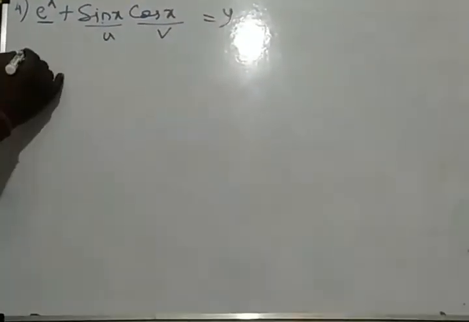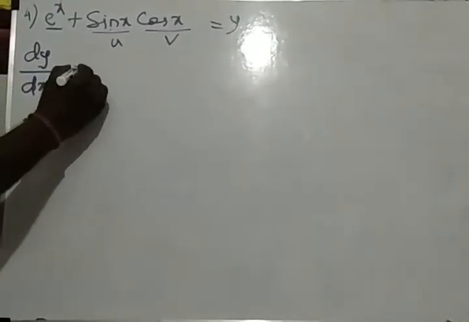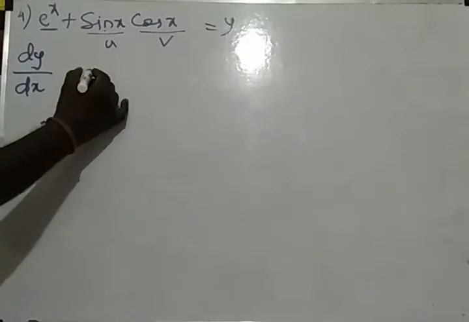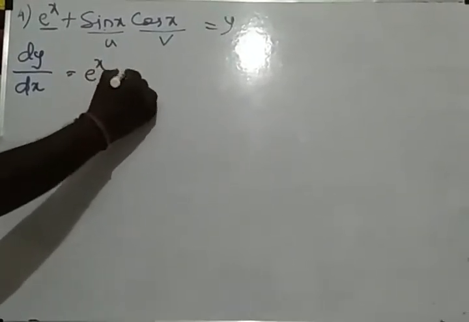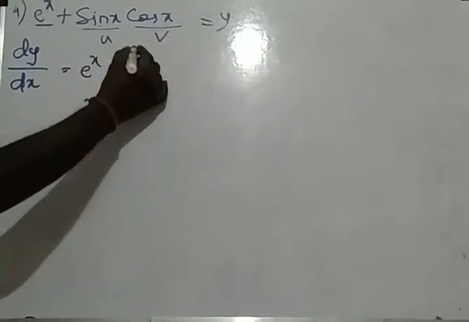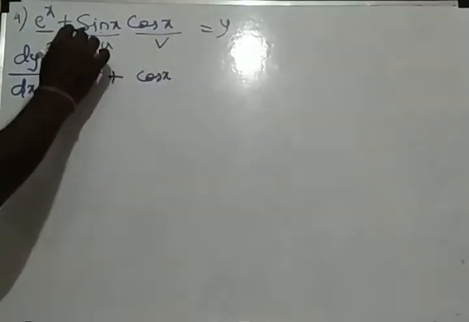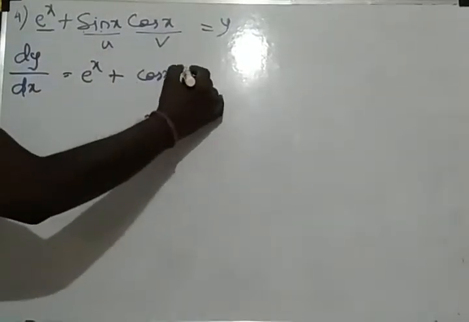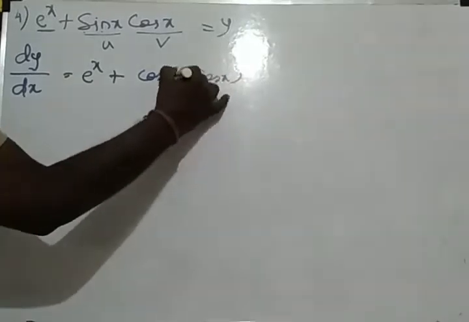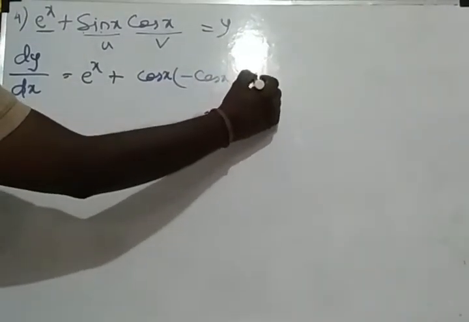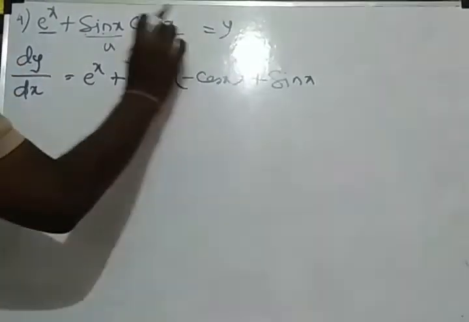Now again there is uv formula, simple. You consider that as y. So dy by dx equal to e to the power of x, d by dx of ex is ex, plus uv formula. First let us consider cos x as v du. Differentiation of sin x is cos x, plus sin x into differentiation of cos x.